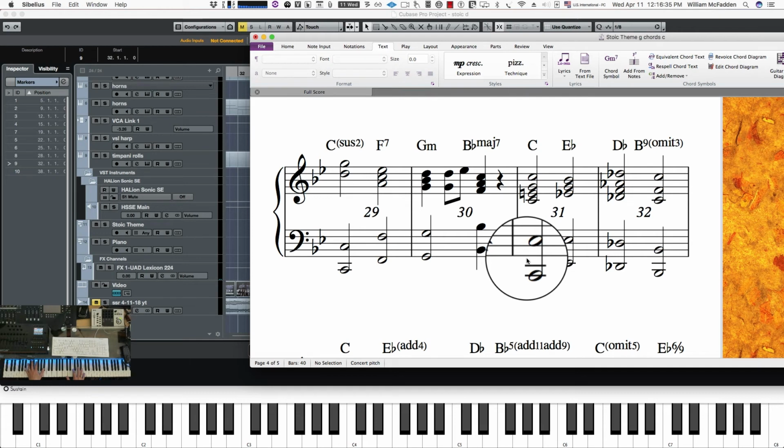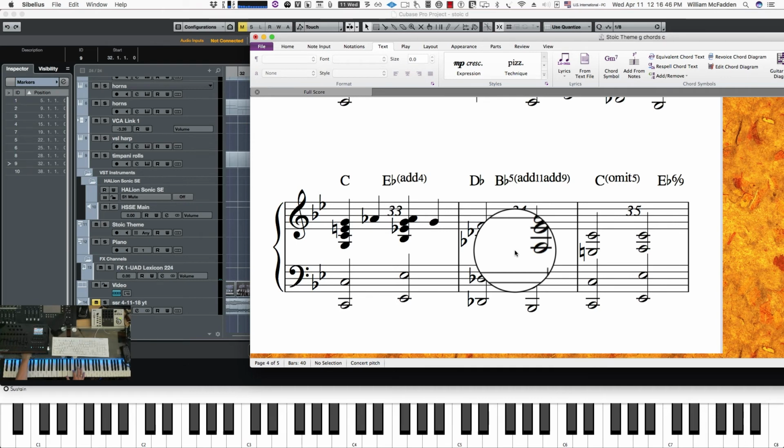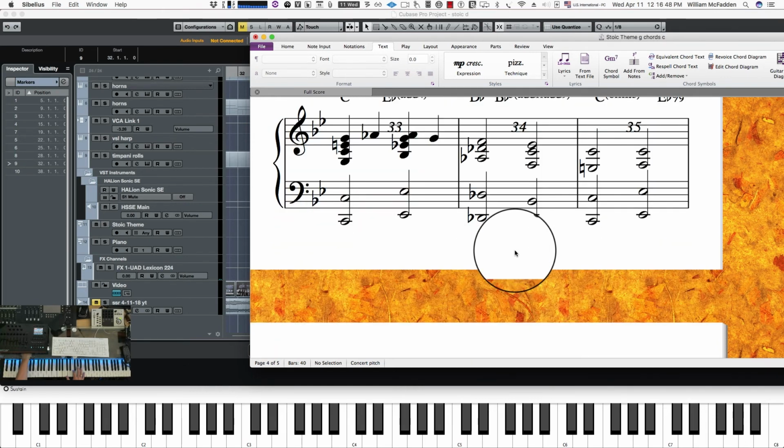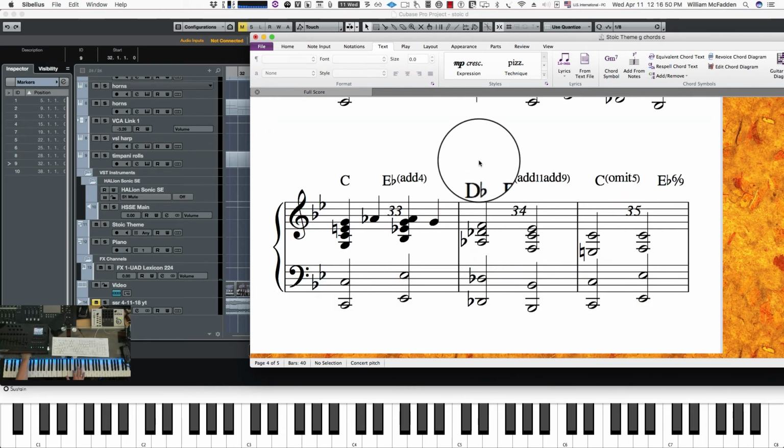Actually, that's a B flat. B flat 9 omit 3. And then in measure 33, we're at the and then we go to an E flat, add 4.